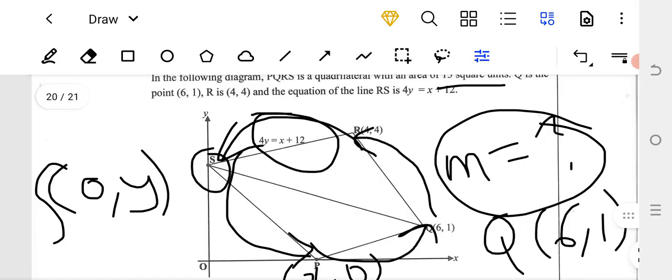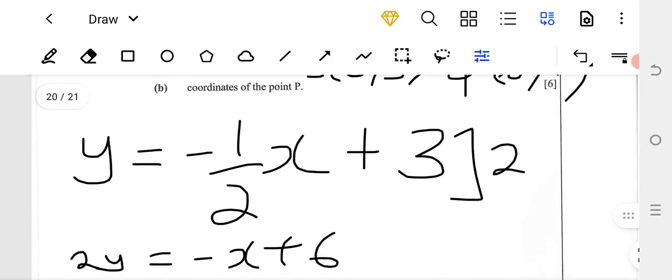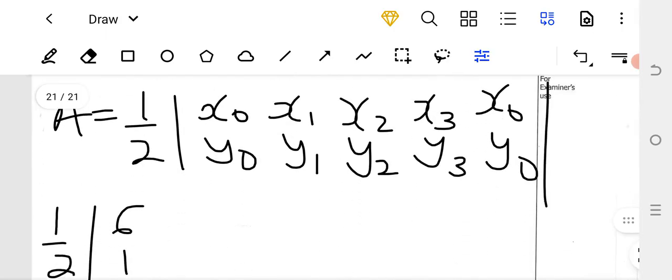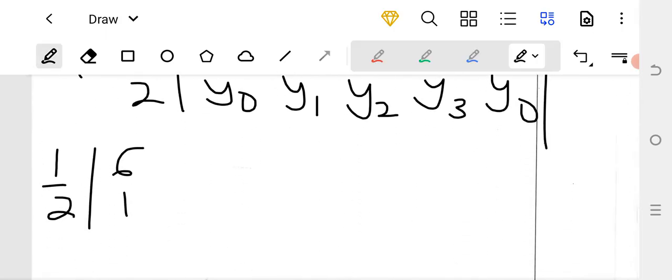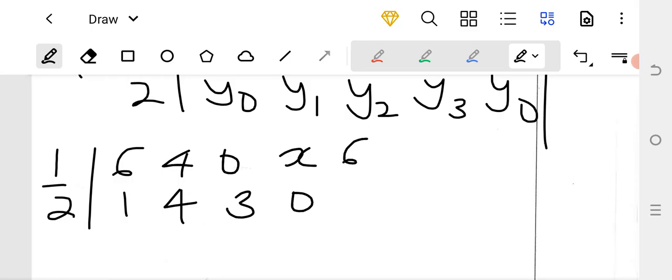So (6, 1). Then we'll go to (4, 4). Then we'll go to (0, 3). Then (x, 0), and back where we started, which is (6, 1).